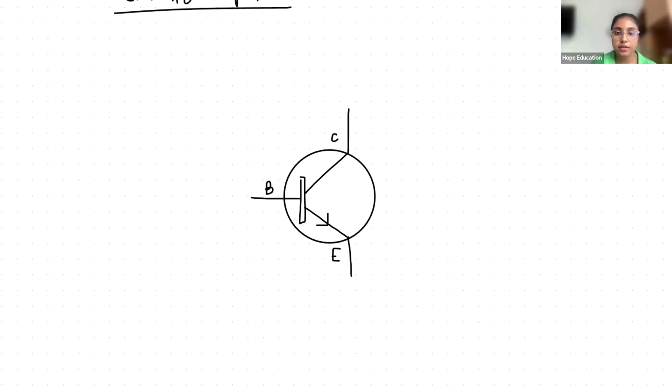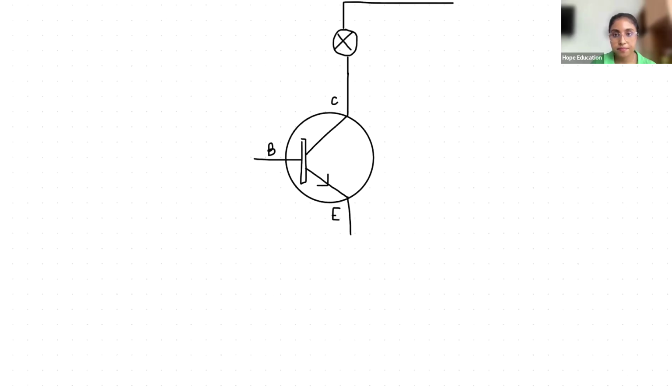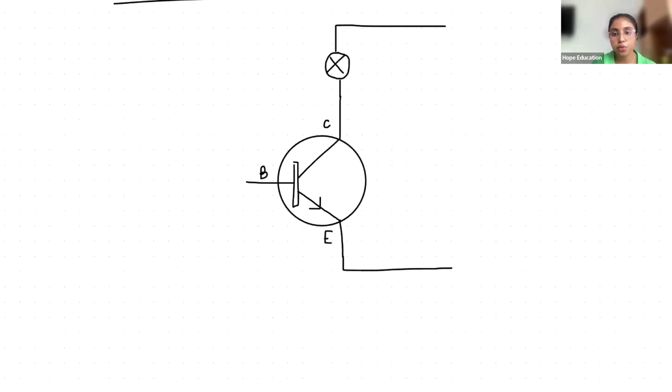So, here I'm going to connect a bulb. Bulb එකක් circuit එකක අඳින්නේ මෙන්න මෙහෙම, right? I'm going to connect a bulb here. And then මේ circuit එක මම complete කරනවා. For this, I'm going to connect some dry cells. 2 dry cells.